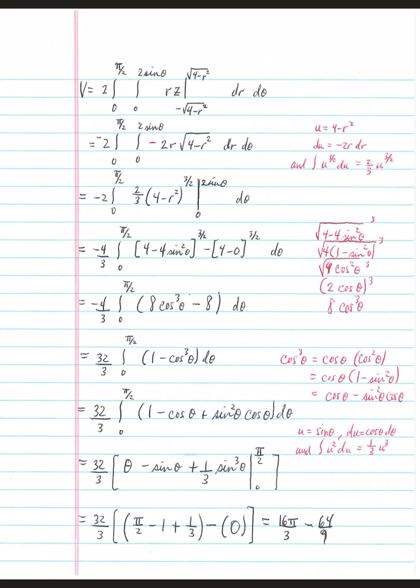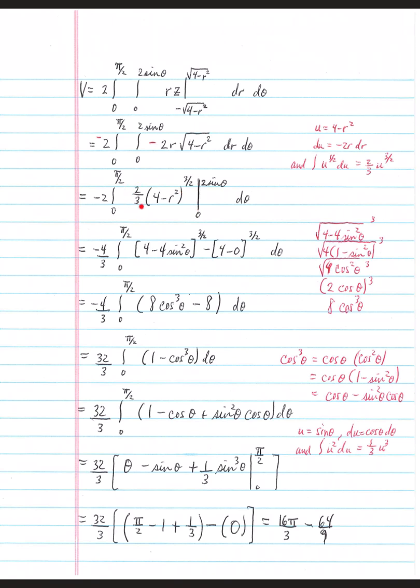Now, this becomes u to the half. The antiderivative of u to the half is 2/3 u to the 3/2. And now I returned them from u back to the original r variable, so I didn't have to change these integral limits. Substituting in 2 sine theta for r, followed by 0 subbed in for r.